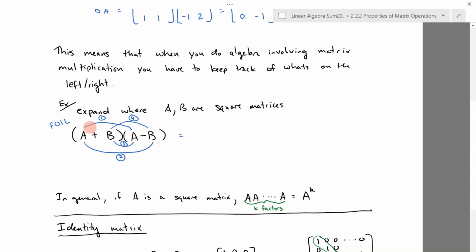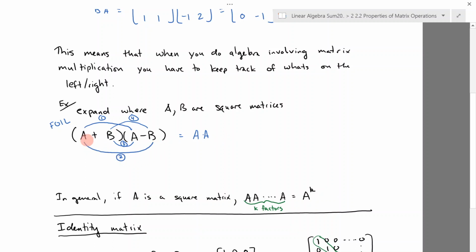So first, outer, inner, and then last, and you multiply these different combinations together. First is A times A, and then outer is this one here.